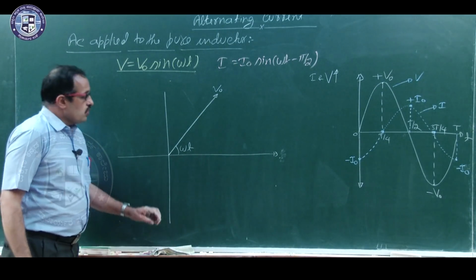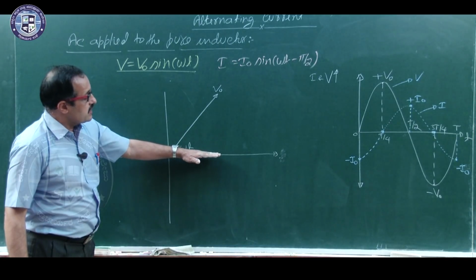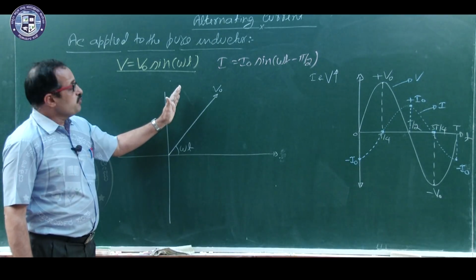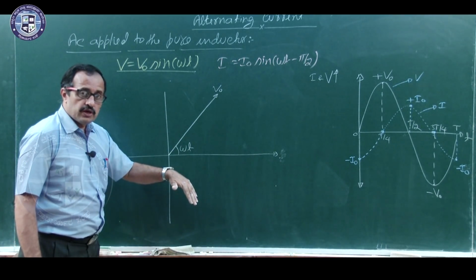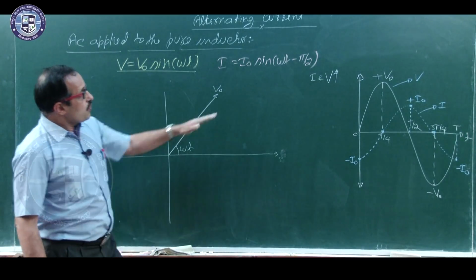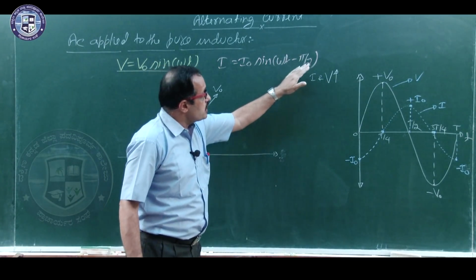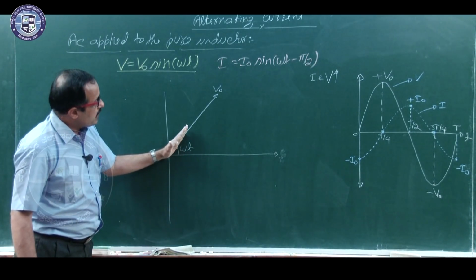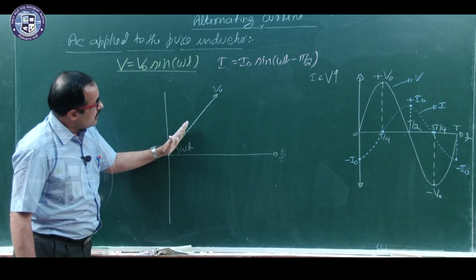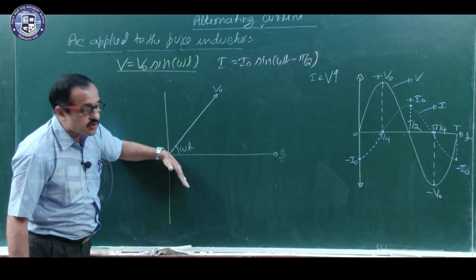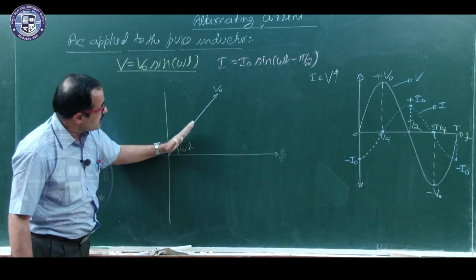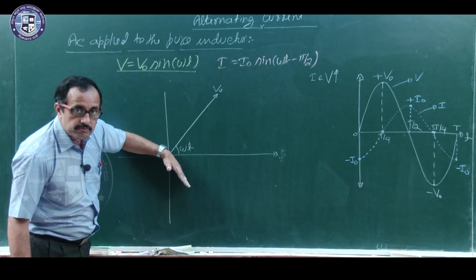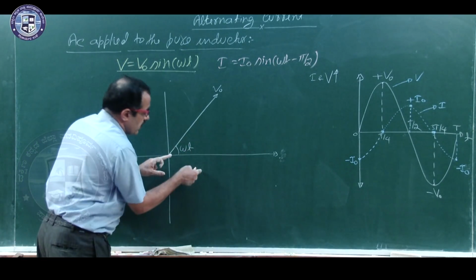So, look here, whenever we measure the angle in the anti-clockwise direction, it is positive, that we already know. If you measure the angle clockwise, it is negative. Therefore, look here, omega t minus pi by 2. So, from here up to here, omega t minus pi by 2 means from here 90 degree clockwise. So, omega t positive, minus 90 degree down by how much? 90 degree, from here 90 degree.